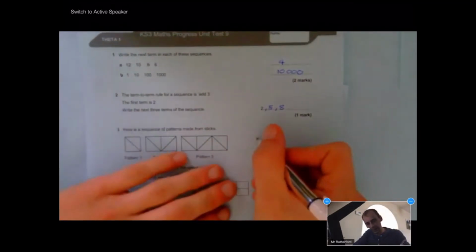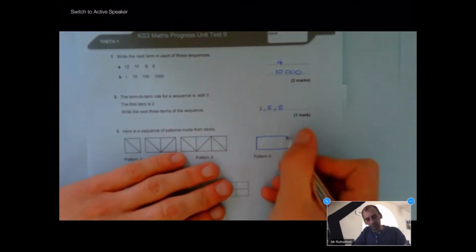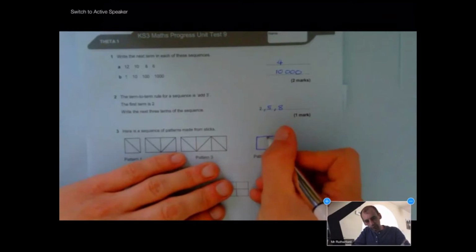Okay, question 3. Here is a sequence of patterns made from sticks. Draw pattern number 4. So it will be the same, excuse me doing this freehand, you may well have used rulers. So we can draw pattern number 3, which will look something like this.